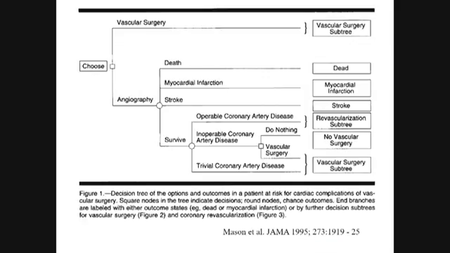Is this new? It's not. In 1995, Mason actually did a study looking at decision analysis. I showed you the diagram just so you know that it's quite rigorous as a study on decision analysis.